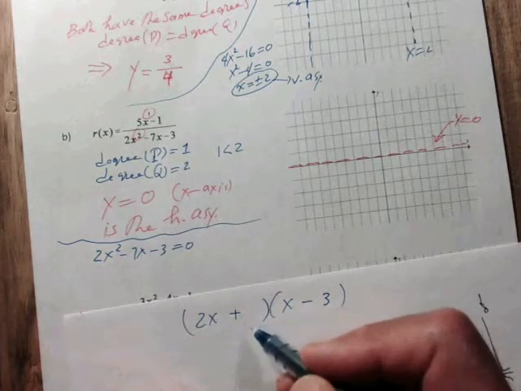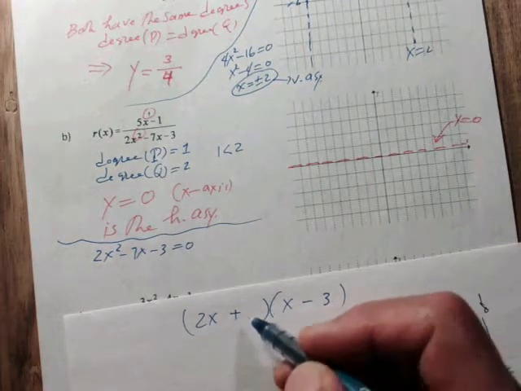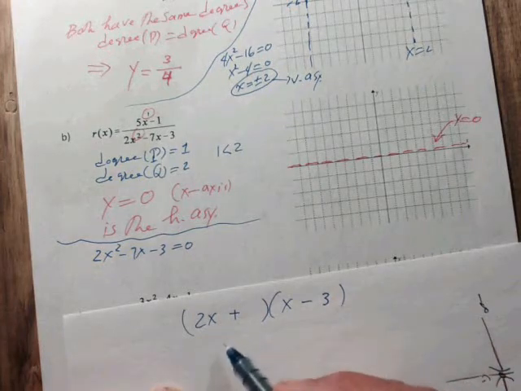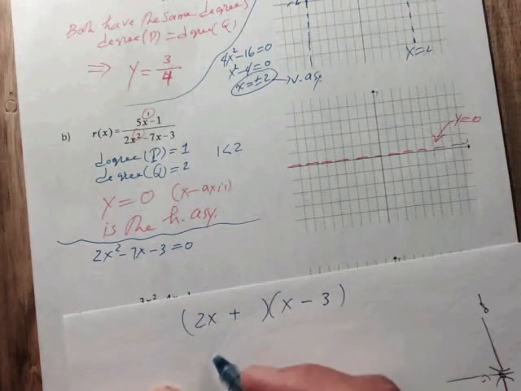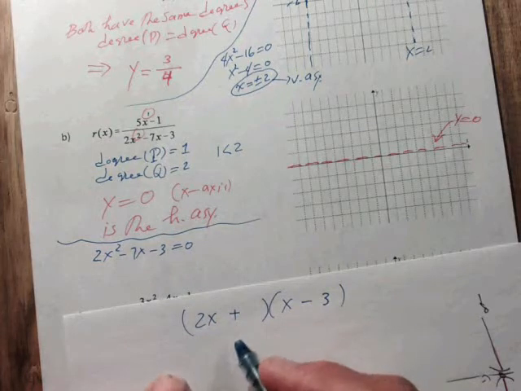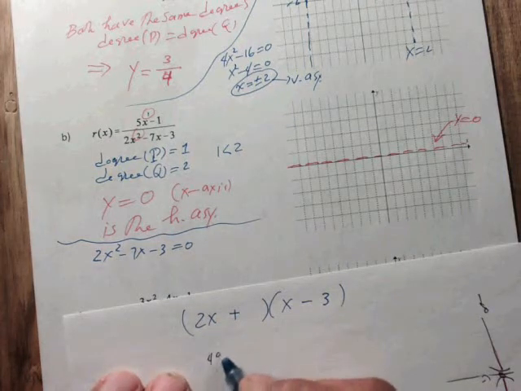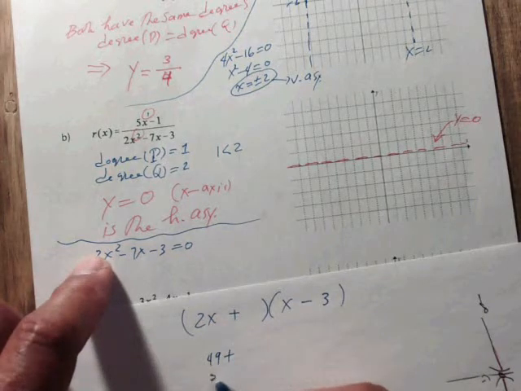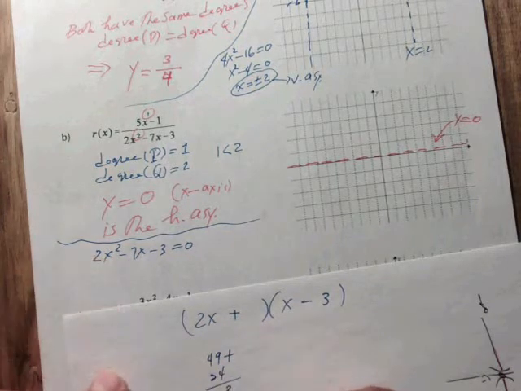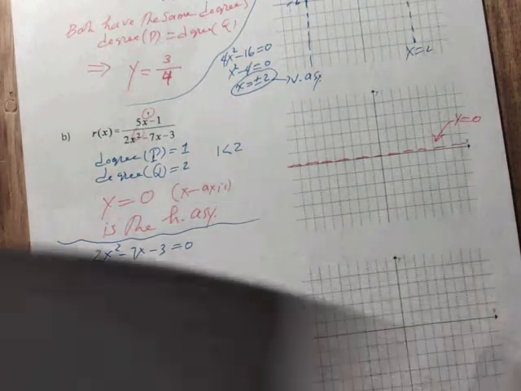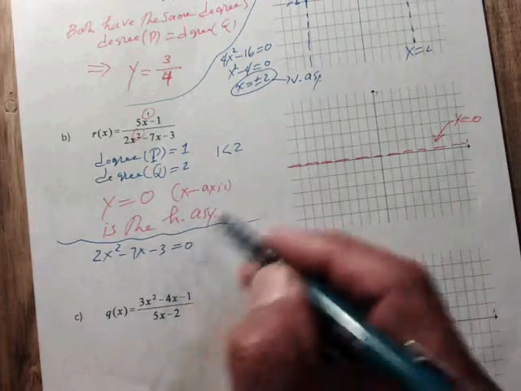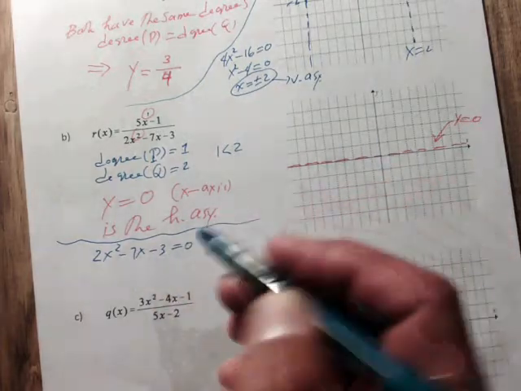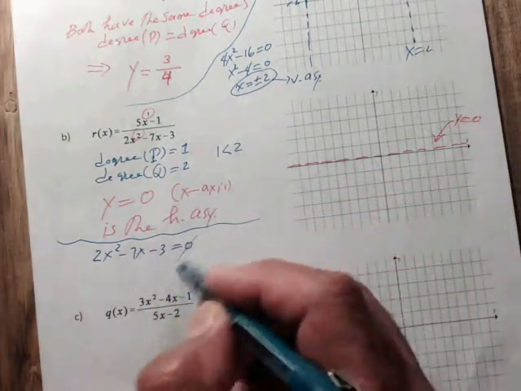I don't think I can factor this. Let me just do something quickly in my mind to see if it's worth going through: 49 plus 24. No, it's not factorable, so I'm not going to do it. I don't want to do it because the answer is not nice looking. So let's not do it.